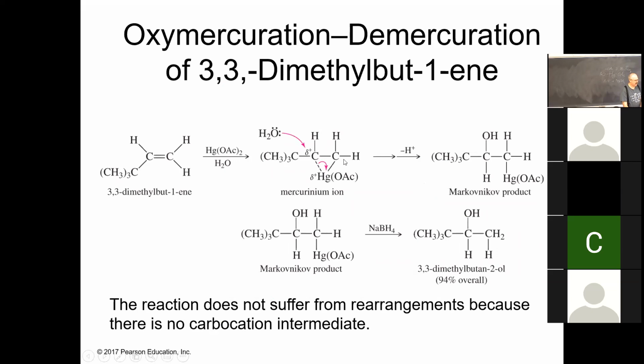We formed the mercurinium ion, the three-membered ring. Water attacks the more substituted side, and we remove a proton, and then we reduce with sodium borohydride, and then we get the unrearranged alcohol.